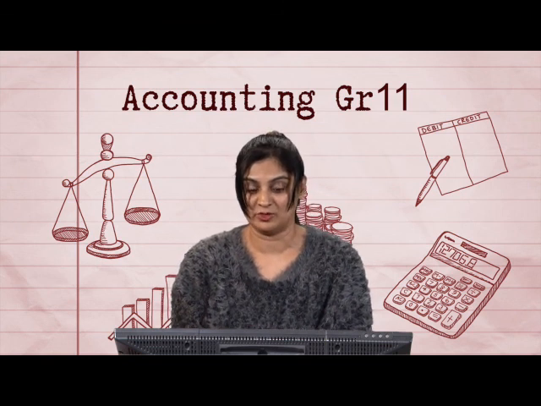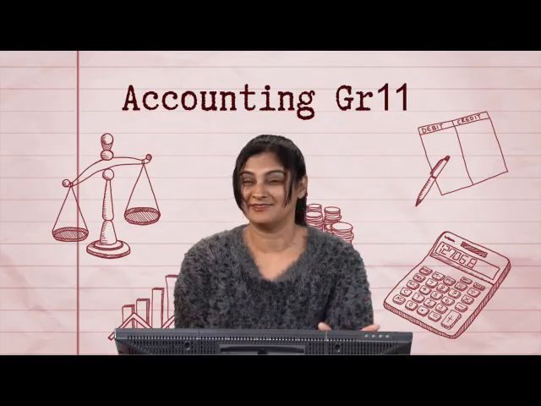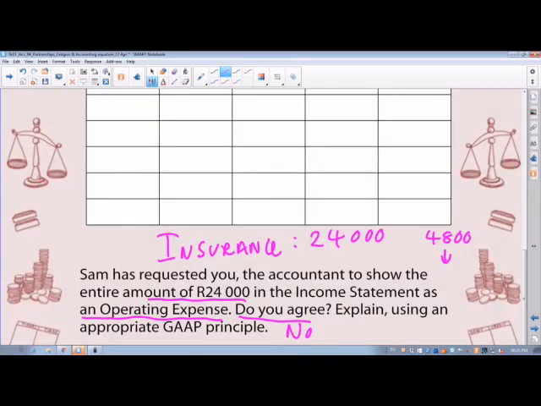You guys with me? We're going to touch more on this when we talk about financial statements. But for now, the answer is no, because of the business entity principle. The owner's transactions are kept separate from the business.